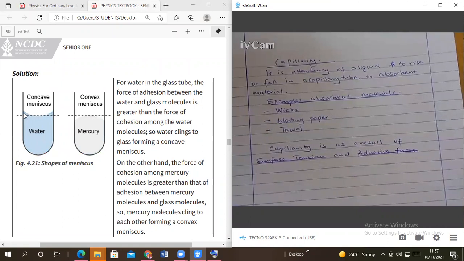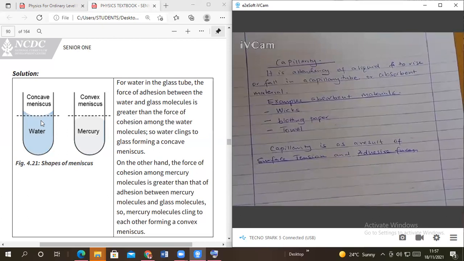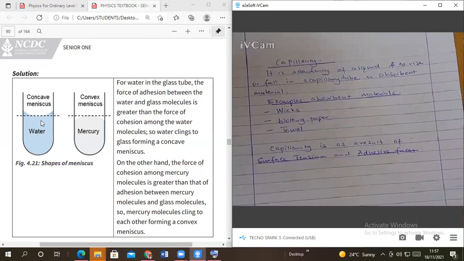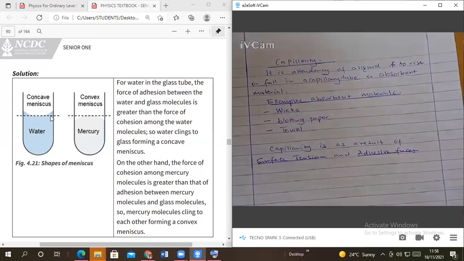Even this side it has risen, and down here it is flat, but this side it has risen. Why? Because the adhesive forces are greater than the cohesion forces. The force of attraction between the molecules of water and glass attracts the two and causes the liquid to rise along the glass tube.